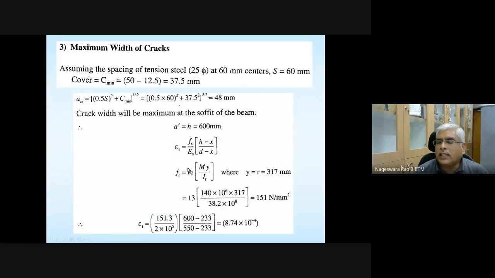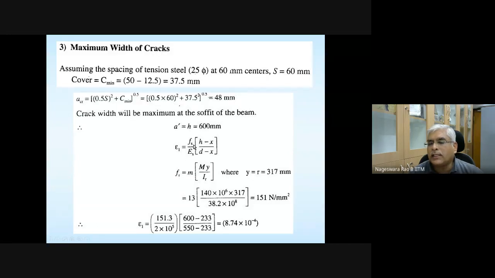To calculate stress in steel, you need to know what is cracked moment of inertia. Here, how cracked moment of inertia is calculated, all that I am not showing. It is already there. By this time you must be knowing how to calculate it. And then you cross check whether this fs is correct or not.